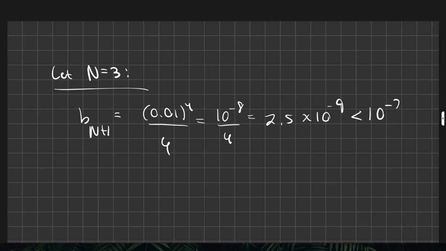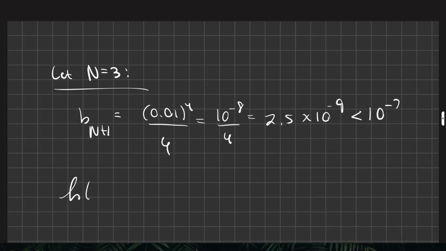And the problem, if you remember, asked us to estimate the value within 10 to the minus 7th. So 3 terms, letting n equals 3, suffices. And so let's compute that 3 term to actually get our approximation.